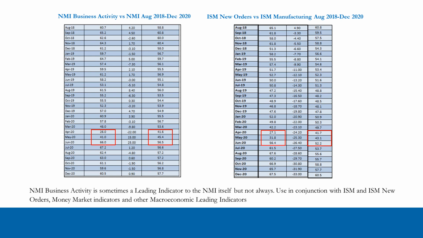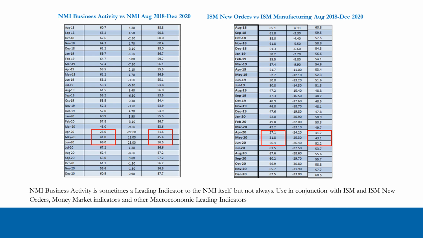And you can see when we look at the NMI business activity, which is in the first column, it didn't peak at August 18. It peaked at September 18. On the right-hand side, you can see the NMI itself. So we've got business activity in the first column, and we've got the NMI in the second column. And in August 18, we have a reading of 58.8, and September 18, a peak of 60.8.